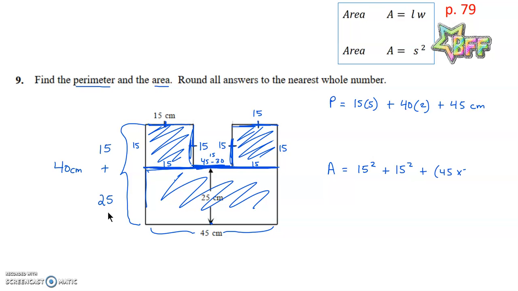So this is going to give us our area. So you can now calculate for the perimeter and the area and check to see in the answer key if you got the right answer.